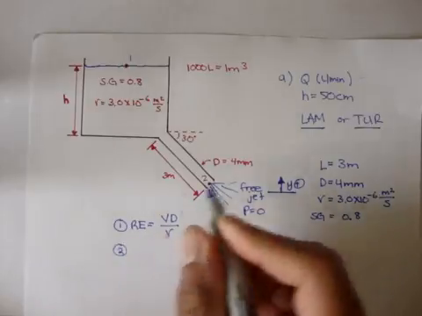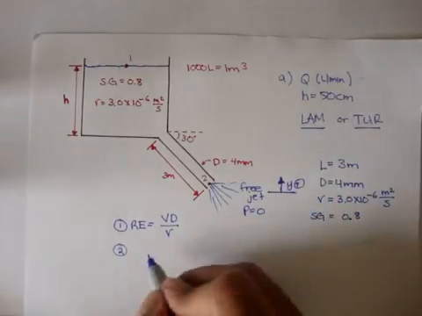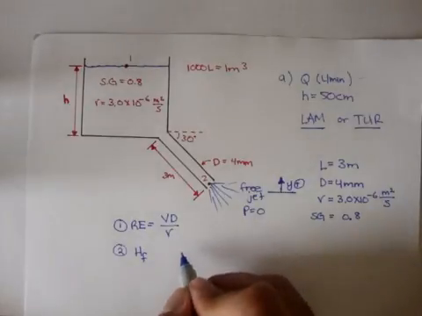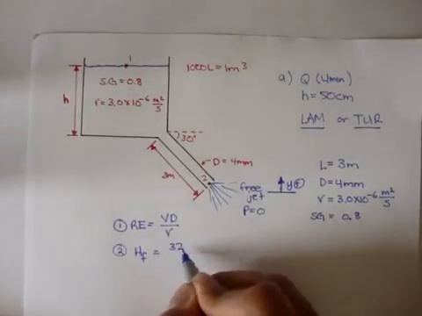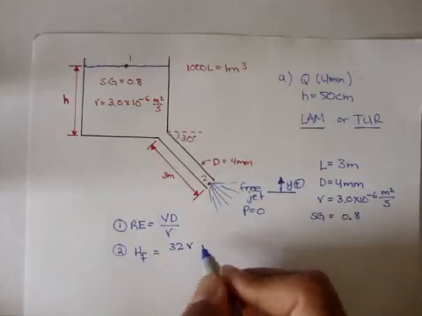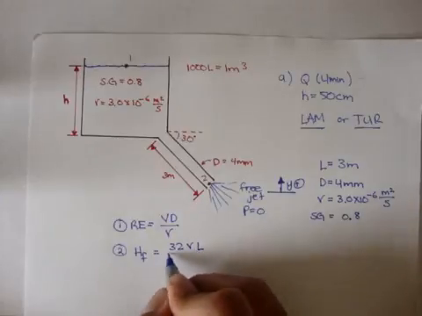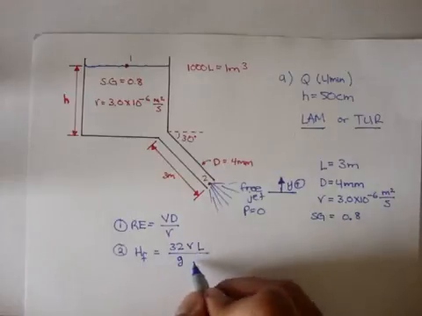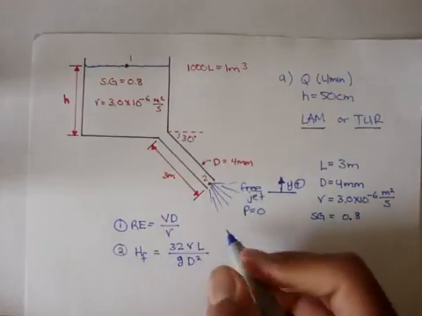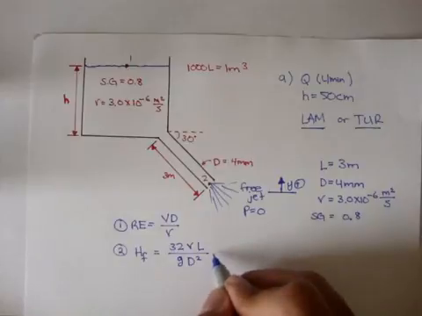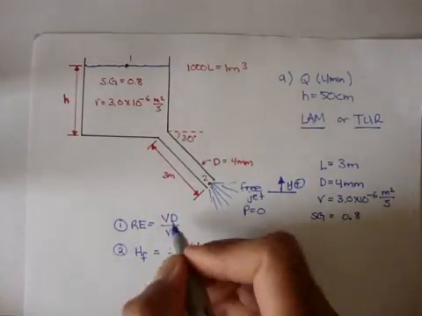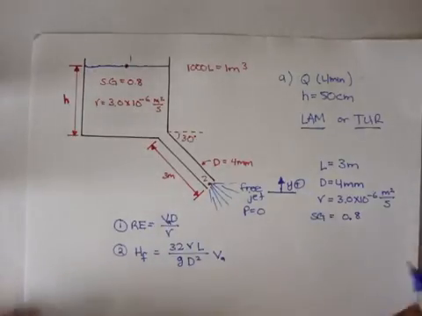So let's assume it's laminar, and remember the frictional head losses for laminar flow is 32 times nu times L, the length of the pipe, over gravity times d squared times the average velocity. I'll just call it velocity A for average.